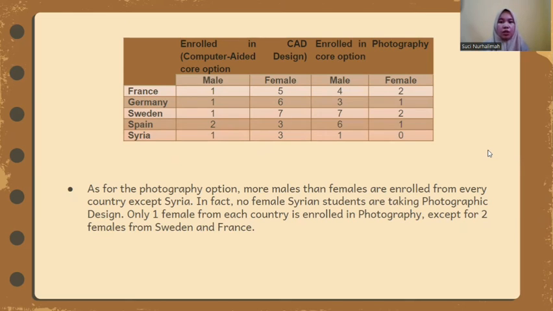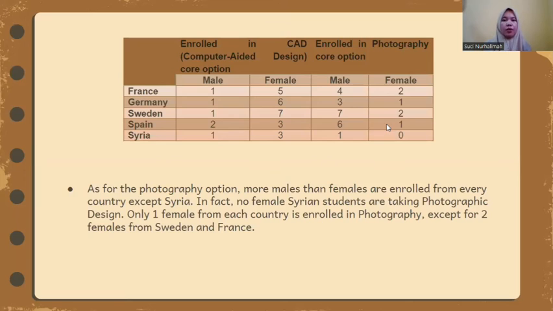For each nationality, the females taking CAD outnumber the males, except in the case of the Syrians with only females. Sweden has the most students studying CAD, with 8 students, Germany is next with 7 students, while France has 6 students, Spain has 5 students, and Syria has 4 students.